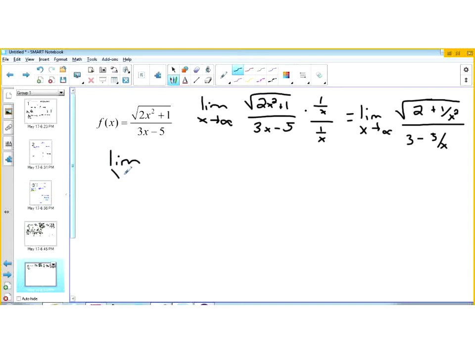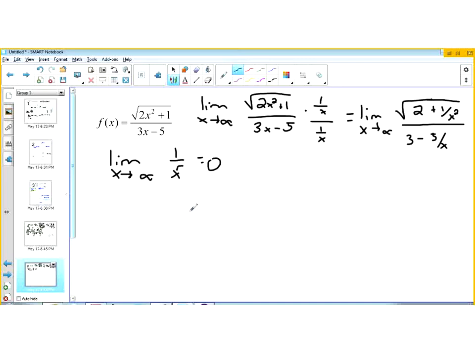This allows us to leverage this theorem right here. That's why I multiplied upstairs and downstairs, so I can get all of the function in terms of powers of 1 over x.